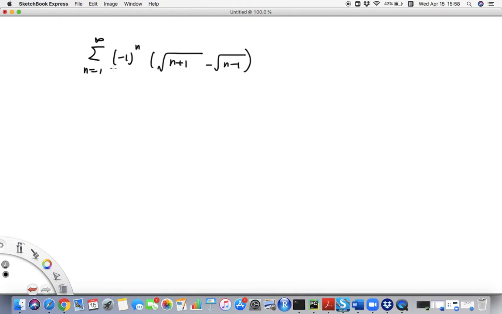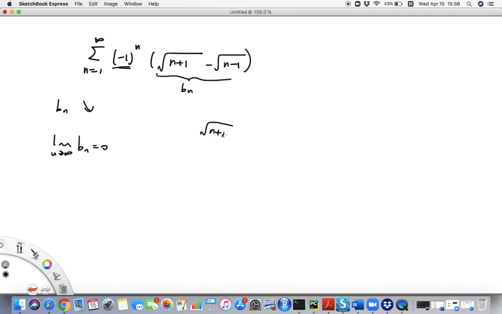As you can see, this is obviously an alternating series, right? So let's call this, say, b_n. To apply the alternating series test, we need to show two things: b_n is monotone decreasing, and the limit as n goes to infinity of b_n is equal to 0. So how do we do that?